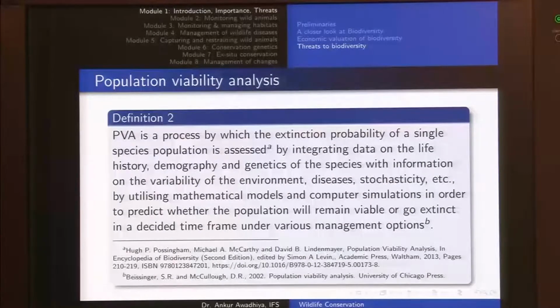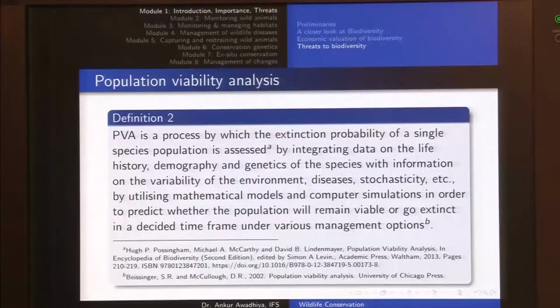The second definition is that population viability analysis is a process by which the extinction probability of a single species population is assessed by integrating data on the life history, demography and genetics of the species with information on the variability of the environment, diseases, stochasticity, etc., by utilizing mathematical models and computer simulations in order to predict whether the population will remain viable or go extinct in a decided time frame under various management options.